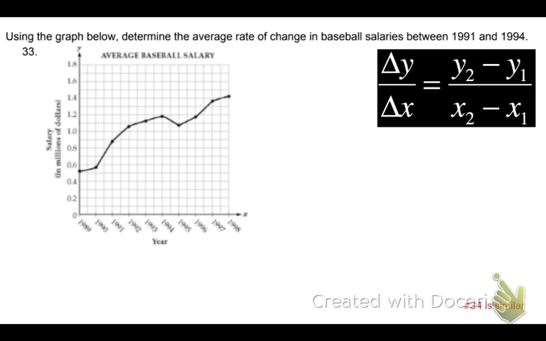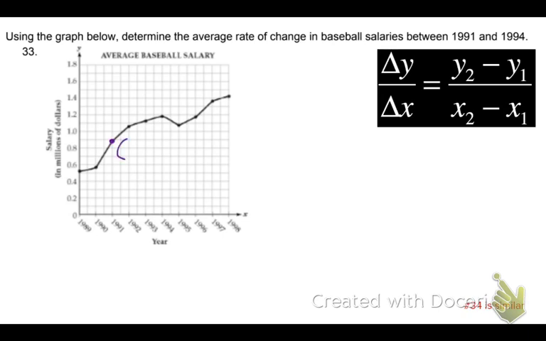For number 33, it says, using the graph below, determine the average rate of change in baseball salaries between 1991 and 1994. Notice I've put our little average rate of change formula over here. So from 1991 to 1994, let's go ahead and find those points on the graph. Here's 1991. I'm going to follow it up, and I'm going to put that point right there. So 1991, boom.